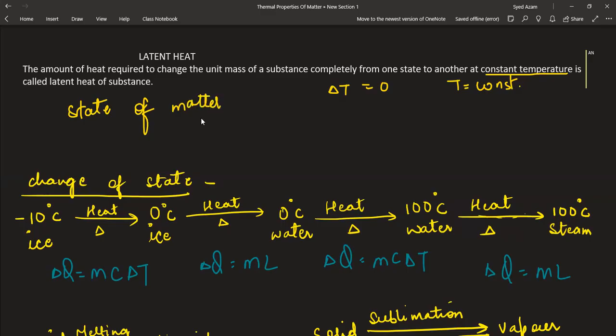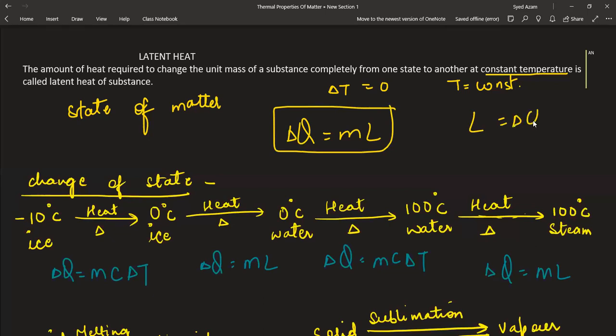You have to be very careful whether it is a change of state of matter or a change of temperature. Now, delta Q is equal to ml is its formula. This is the general formula. So what is latent heat? L is delta Q by m. If I say mass is 1 unit, 1 gram, 1 kg, then L will be equal to delta Q only.